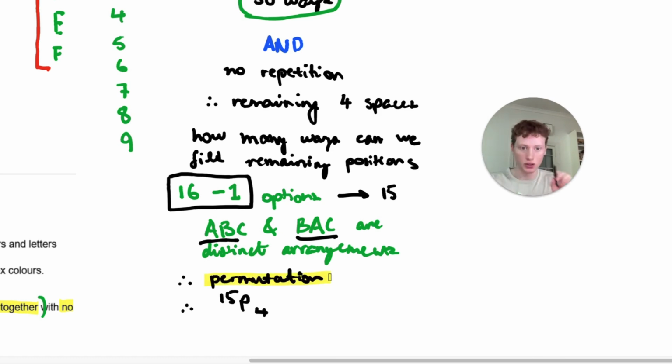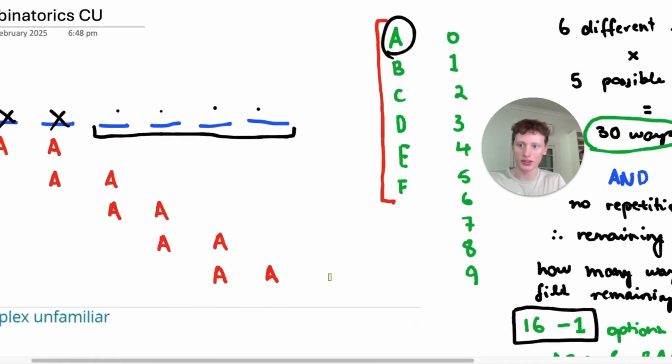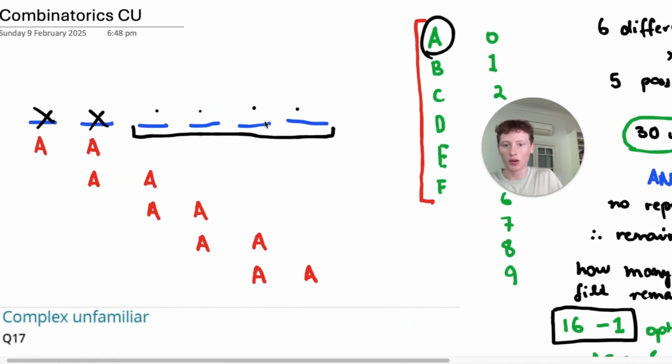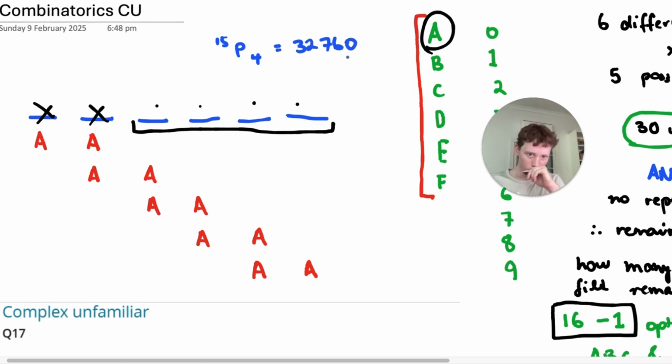Cool. And so once we've defined that, we can say that, okay, we want to find the possible permutations of these 4 spaces. That's going to be 15P4. And obviously this is a calculator problem. So I'm going to put that in my calculator, and that gets us a big number, 32,760. All right.